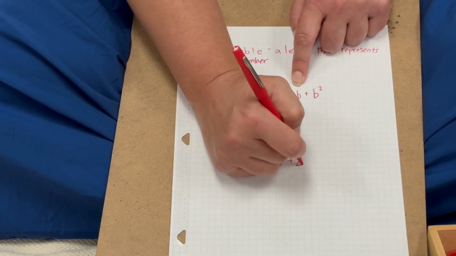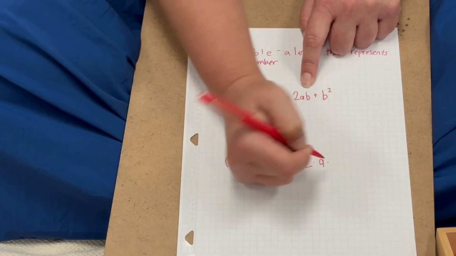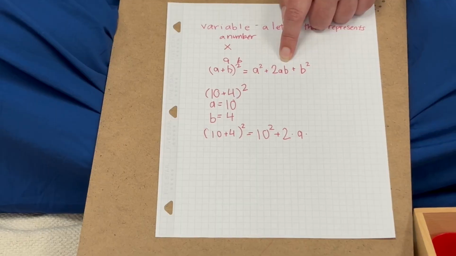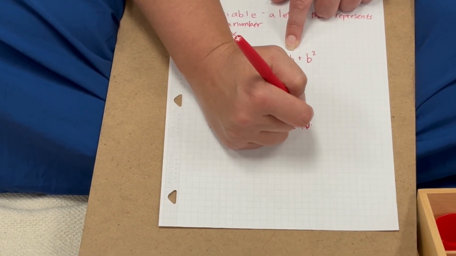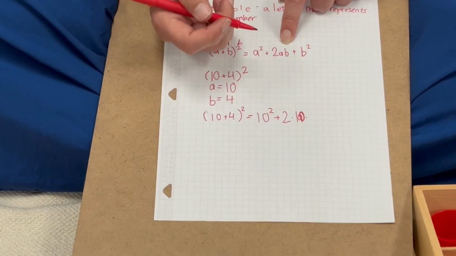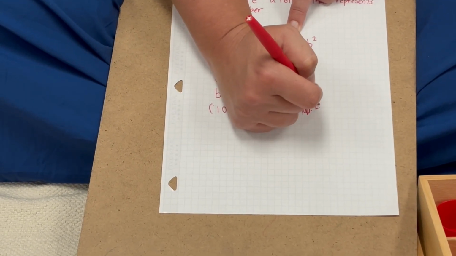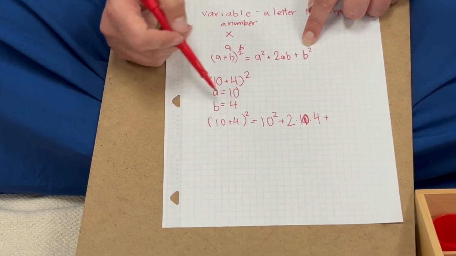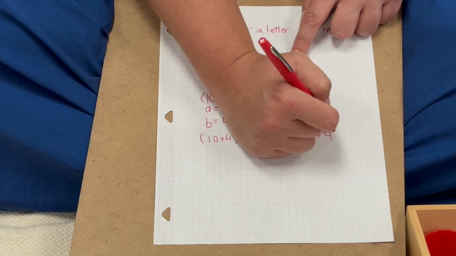So 2 times a times, pause. Everywhere it says a, what are we supposed to write? 10, sorry. 10 times b, and everywhere it says b, we're going to write 4. And then b squared, so everywhere it says b, we're going to write 4, so plus 4 squared.